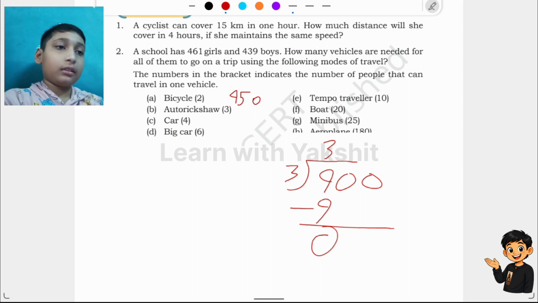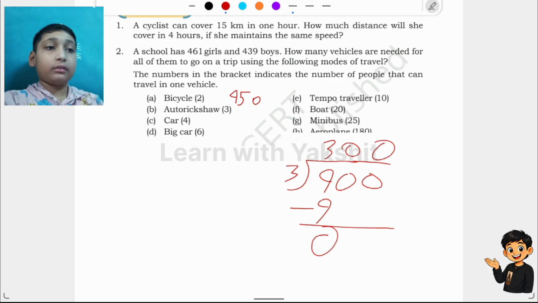Then the zeros, like the zeros, others don't matter. So we have to make it above, because we have nothing left now. Meaning, how many auto rickshaws do you need? Then you need 300 auto rickshaws. That is a lot of auto rickshaws.